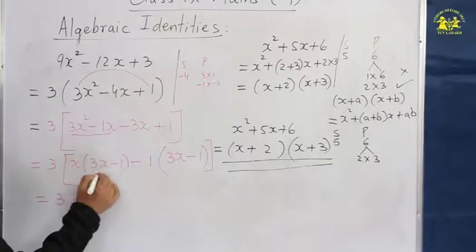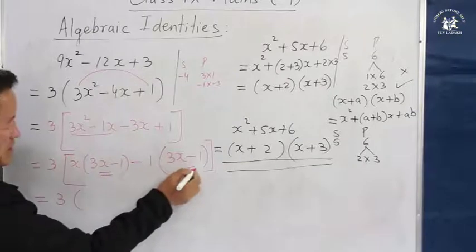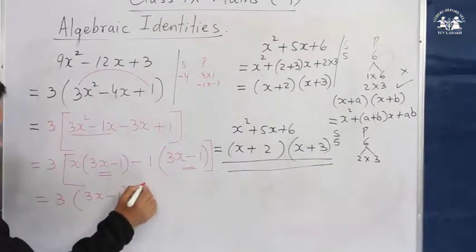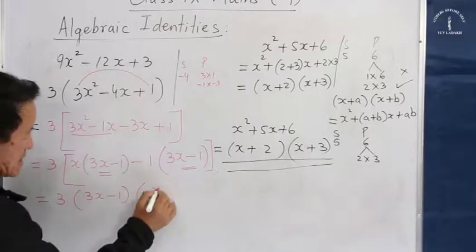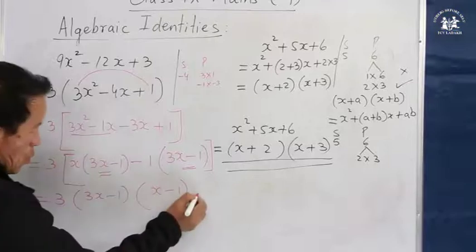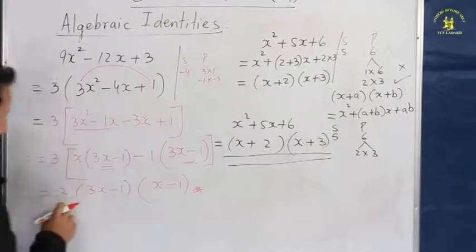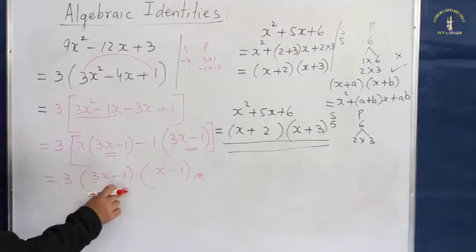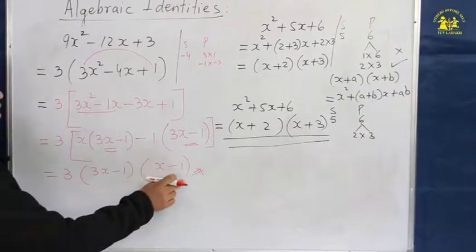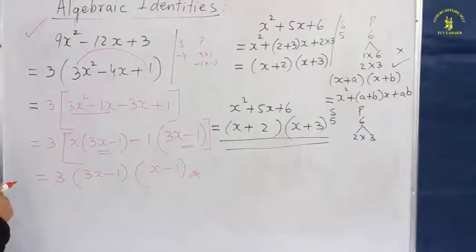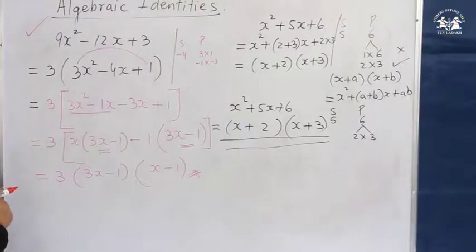The terms inside the bracket are common, so 3x minus 1 will be common. What will be left? x minus 1 will be left. So 3 into 3x minus 1 into x minus 1 are the factors of 9x squared minus 12x plus 3.